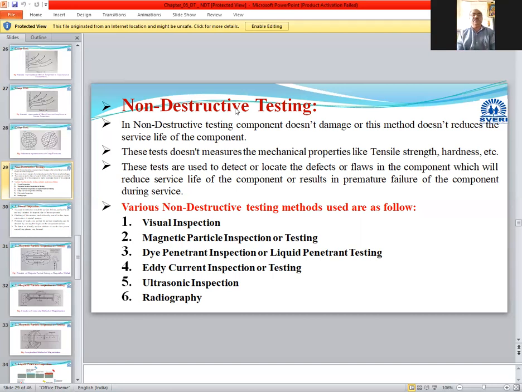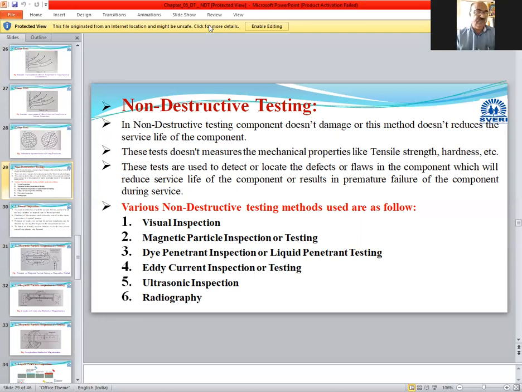Initially, you have to prepare the specimen as per Indian standards and decide the gauge diameter. After this, you have to calculate the gauge length, get it turned on the lathe machine, and put it in between the two jaws of the universal tensile testing machine. By applying the load, ultimately it will break.